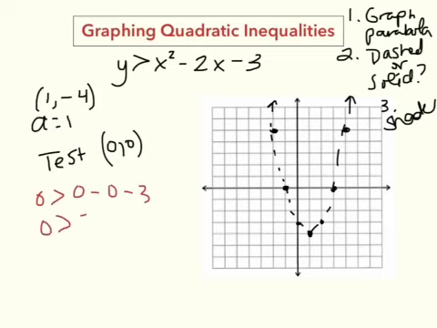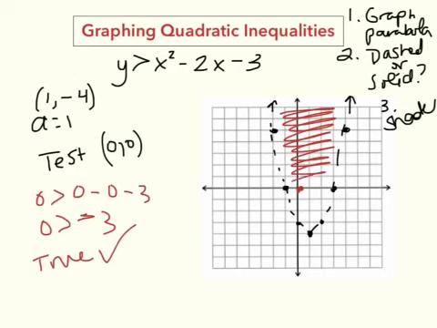All I did was plug in 0, 0 for x and y. So is 0 greater than -3? It is. So that's true. That means the (0, 0) point is in the shaded area, so I'll want to shade it in here. If your statement ends up not true, then you don't shade where the origin is. You shade on the other side.